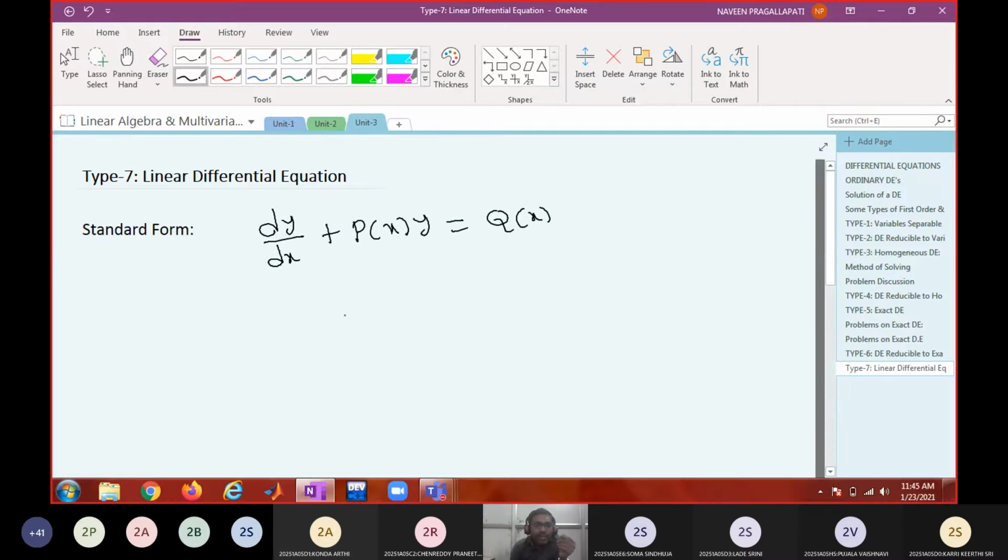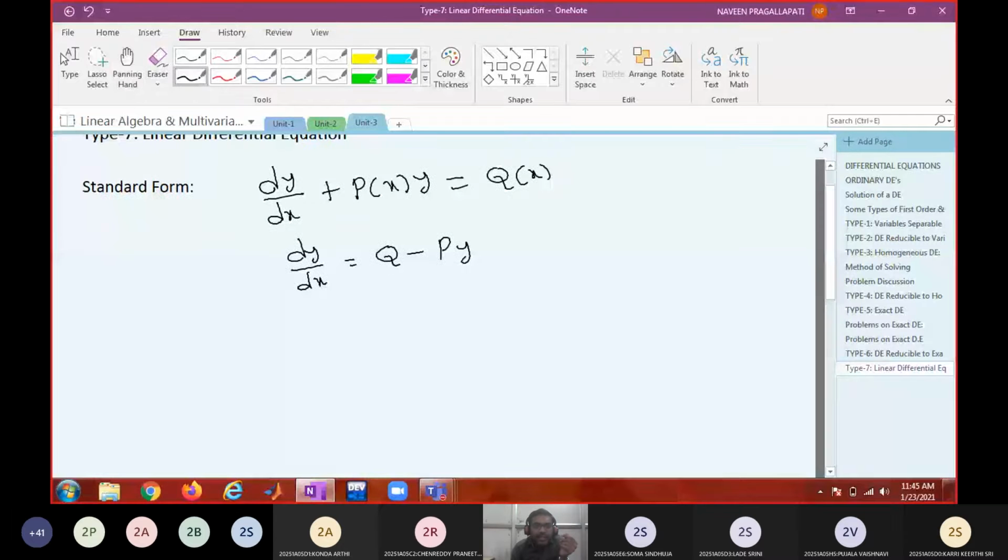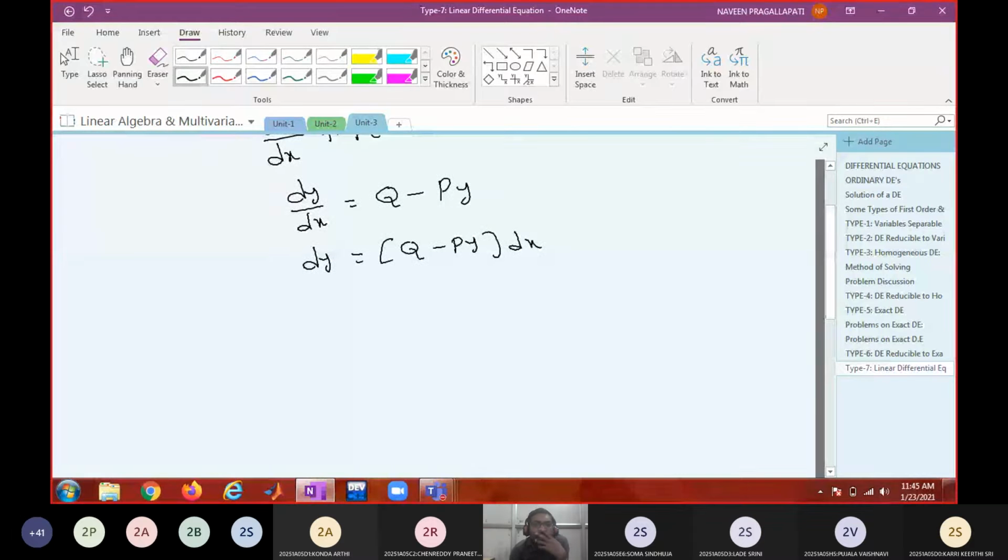Okay. So what is dy by dx? Q minus Py. What are P and Q? P and Q are functions of x. Rewrite in M dx plus N dy form. dy equals (Q minus Py) into dx.